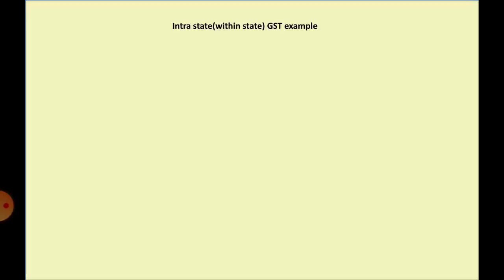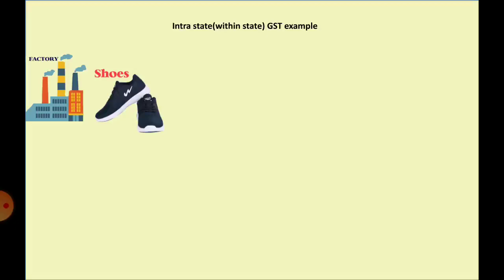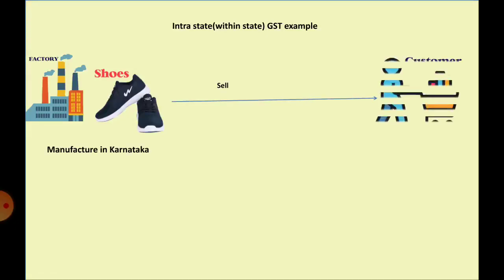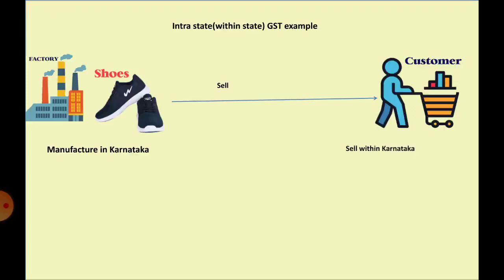Let's take one example to understand intrastate transaction. Here, manufacturing and sales happen within the same state. Let's imagine a factory manufacturing shoes in Karnataka and selling to the customer who is staying in Karnataka. Here, the first slab, CGST and SGST comes in place.